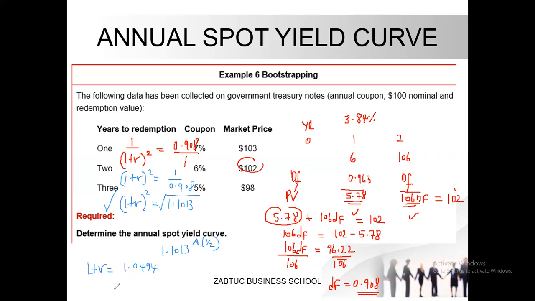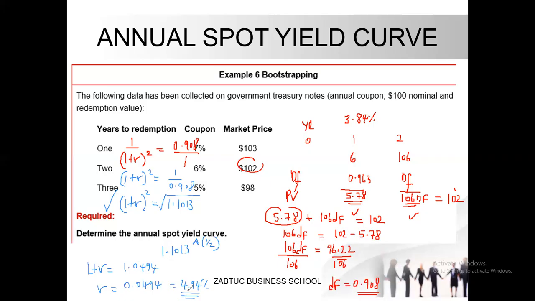So when you bring 1 to this side, the interest rate we are looking for is 0.0494, or 4.94%. This is the discount rate applicable to the second bond.